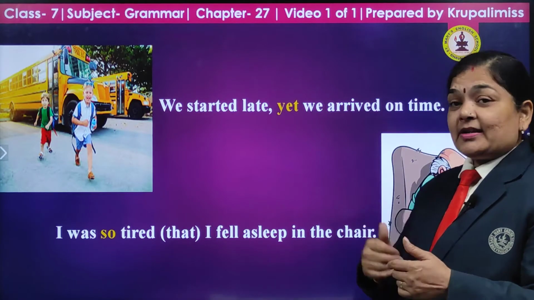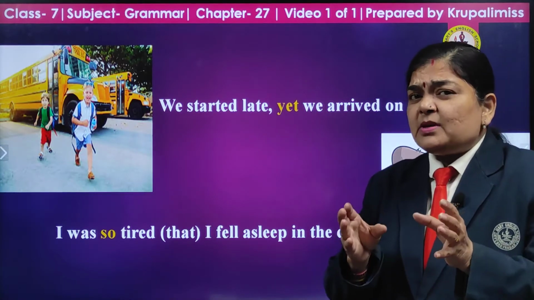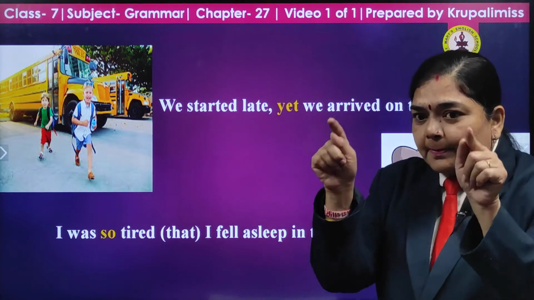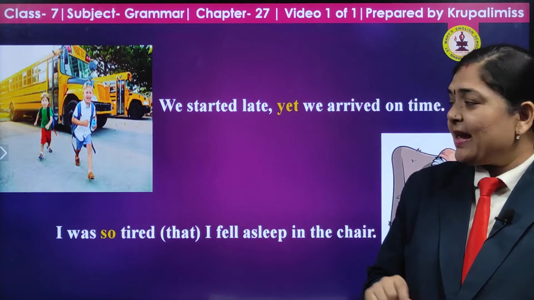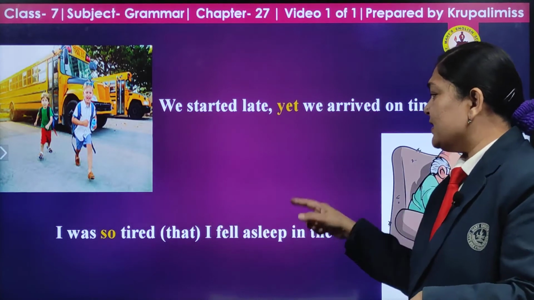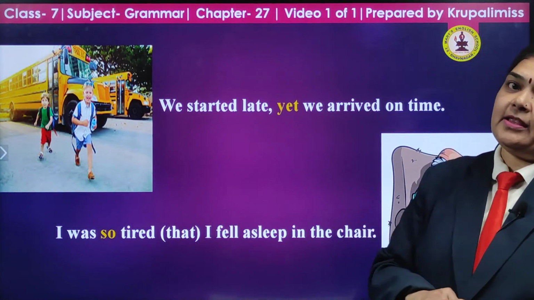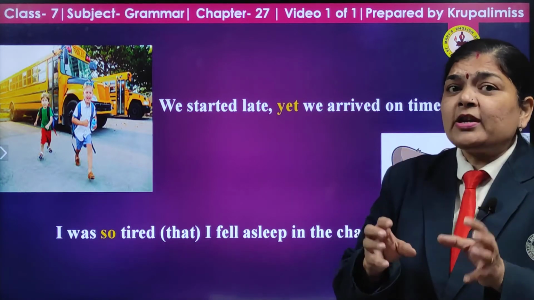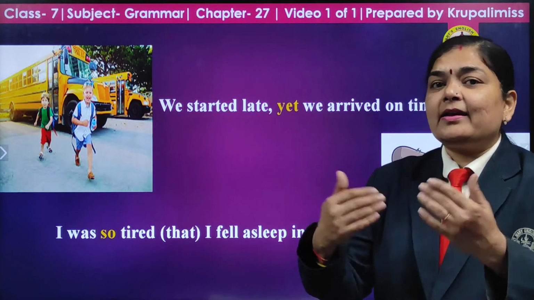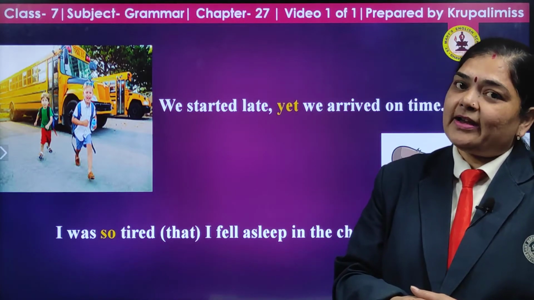Sometimes we are not using that in the sentence, so we put it in brackets. You can see in this sentence, I was so tired that I fell asleep in the chair. What was the result afterwards? That I fell asleep in the chair itself.